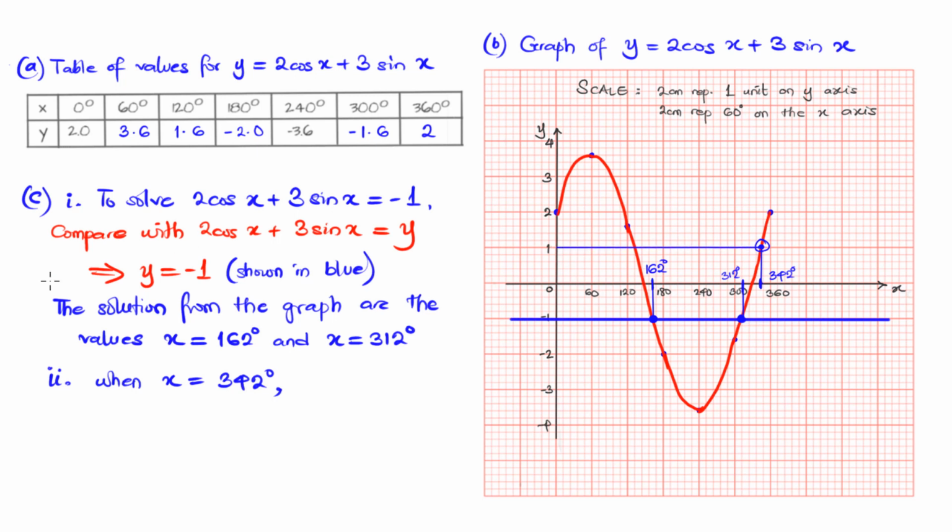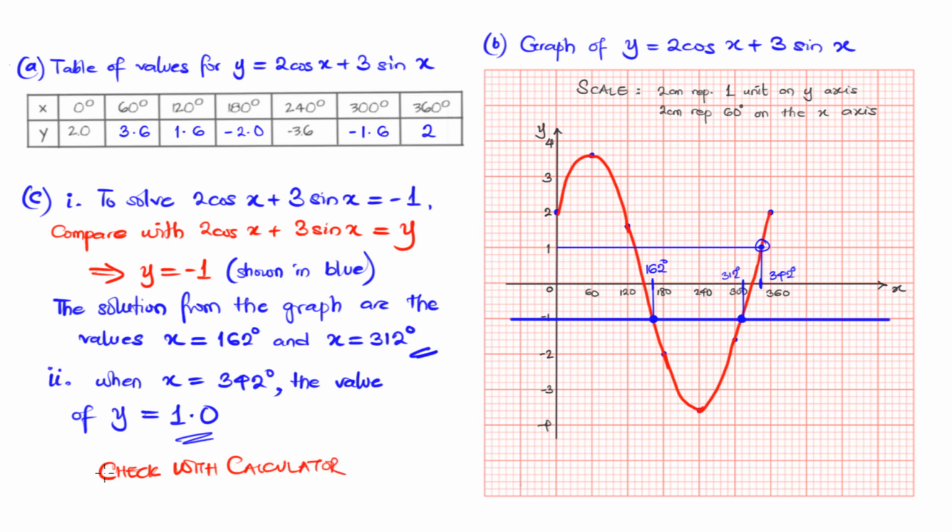That value is 1. Now I will always advise, even after getting this on the graph, confirm by calculating manually. In this case, I'm going to use the calculator, but from the graph, I can see that when x is 342 degrees, y is 1.0. We are working in 1 decimal place.